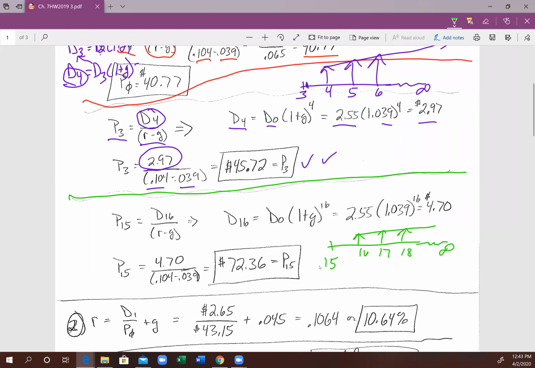But really, to find P15, we just need D16, r and g, which we have. So the price 15 years from now is expected to be 72.36.